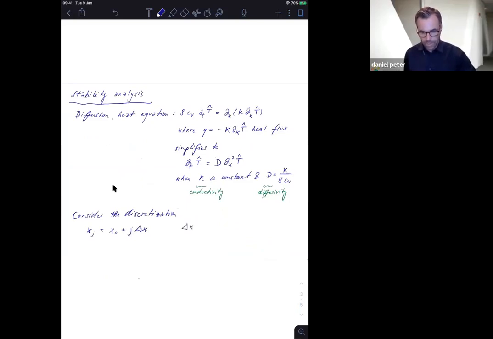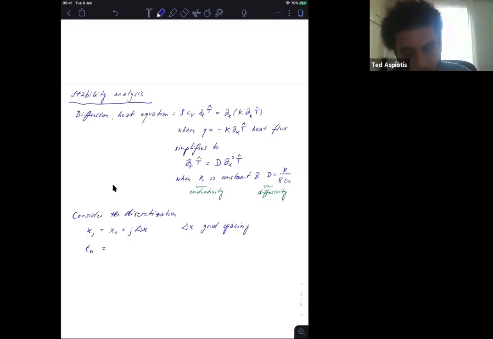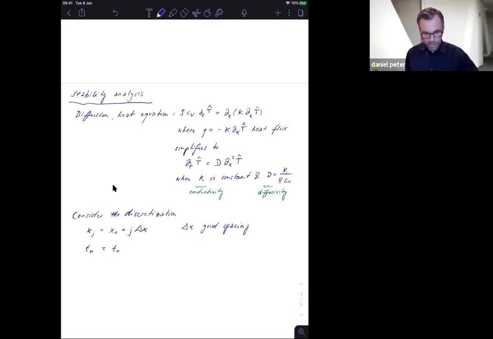So delta x is the grid spacing between our grid nodes. Just a regular grid. And the same we can do for time, where the time at step n is equal to t0 plus n times delta t, being the time step size.